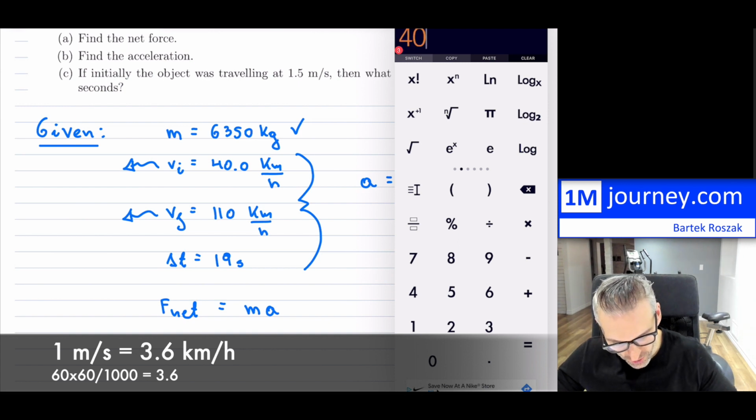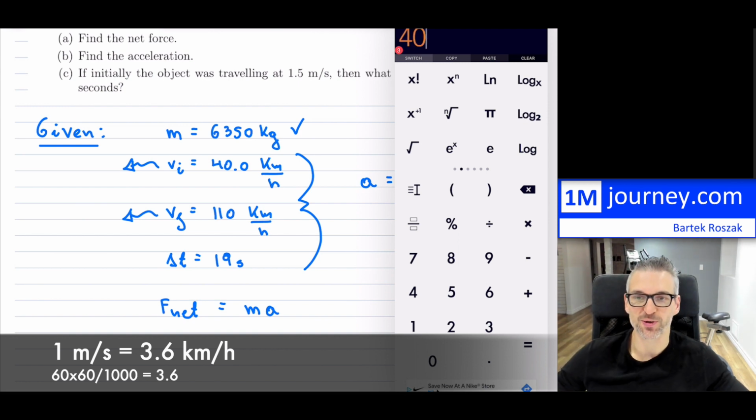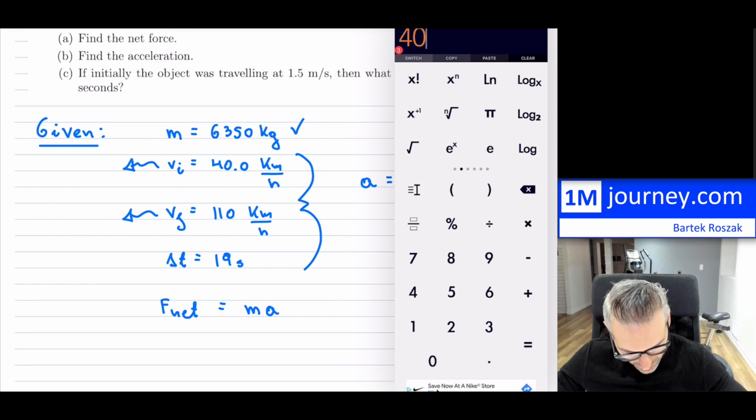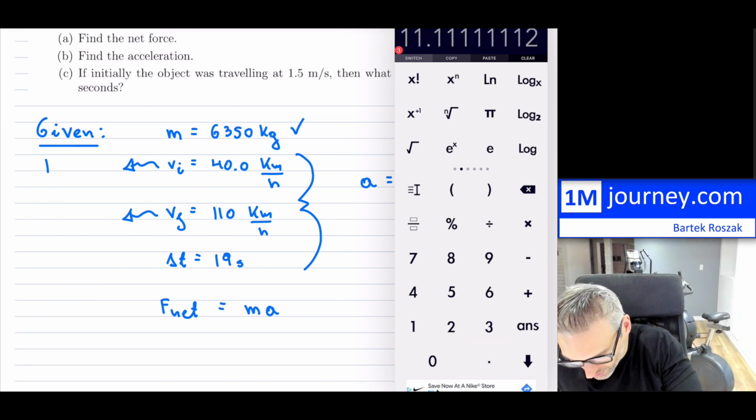Doing this so many times, you'll notice that you're going between speeds, and really what you're doing is just either dividing or multiplying by 3.6. So that whole entire unit conversion for kilometers per hour I can do in one single step. And you can double check for yourself. All right, so this is what we're going to have.